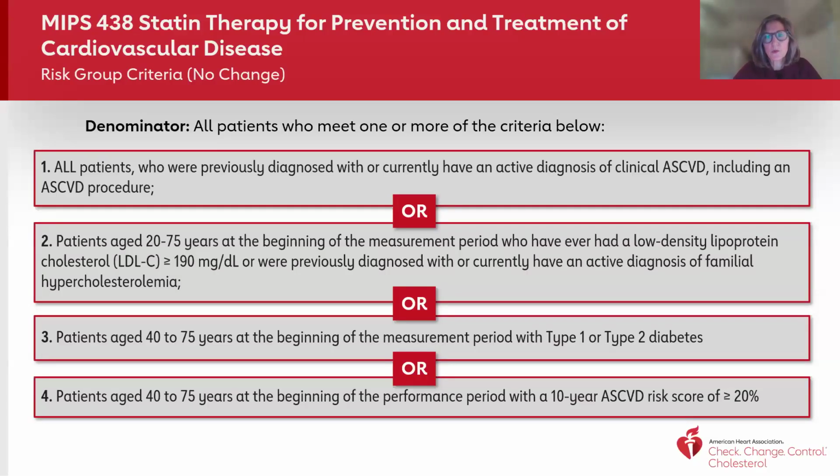And that's using the pooled cohort equation, not the PREVENT calculator. Again, these are specifications determined by the measure steward, not the American Heart Association. So if your patients meet any of these four groups, they should be included in the denominator for this measure. And then based on the use of statin therapy would determine whether or not they're in the numerator.